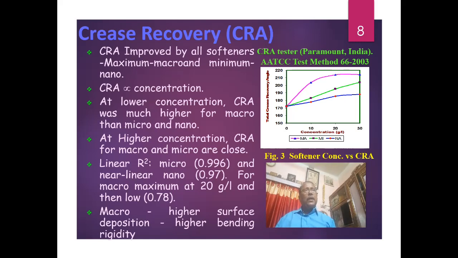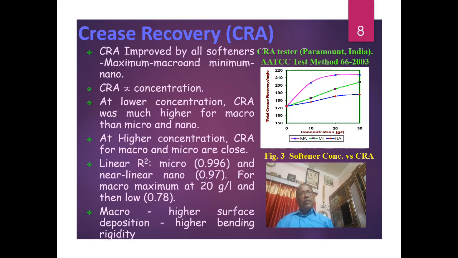At lower concentration, crease recovery angle was much higher for macro and then micro and nano. At higher concentration, crease recovery of macro and micro were very close. The relation between the crease recovery angle and the concentration was more or less linear.